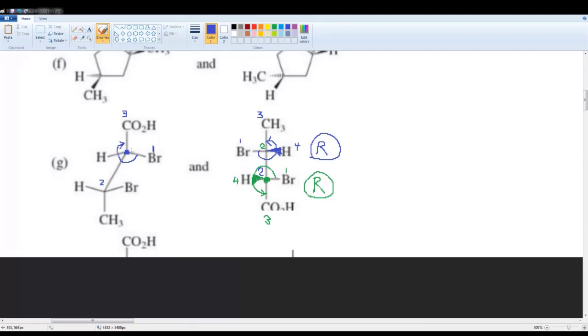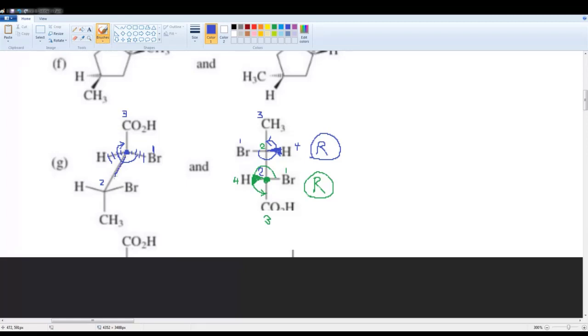Now in this sawhorse projection, this bromine is going back away, and this hydrogen is going back away. Because the hydrogen is back away, this doesn't need to flip. Even though it's off to the side, this isn't a Fischer projection.